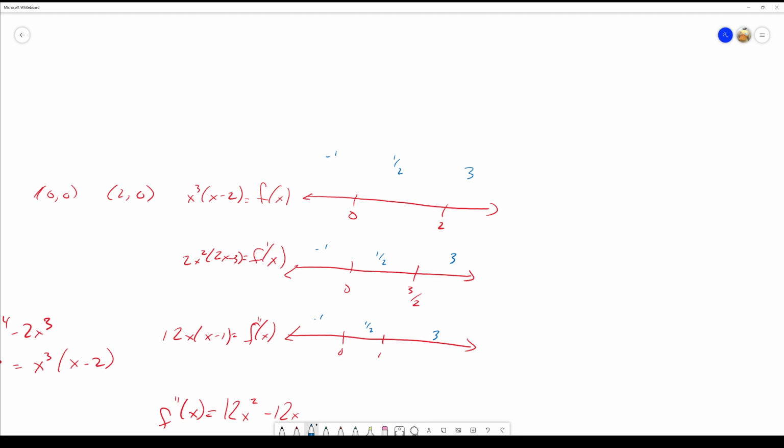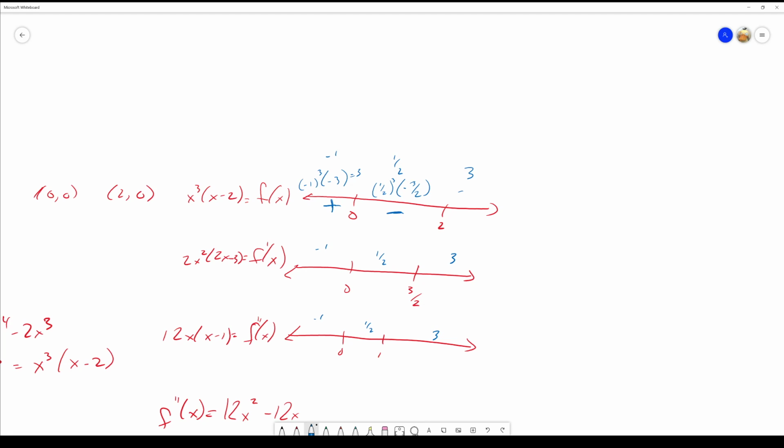All right. So if x is negative 1, then this is negative 1 cubed times negative 3. That's going to equal positive 3. So f of x is positive if x is less than 0. If I try 1/2, I'm going to get 1/2 cubed times negative 3 halves, because 1/2 minus 2 is negative 3 halves, and that's going to be a negative number.